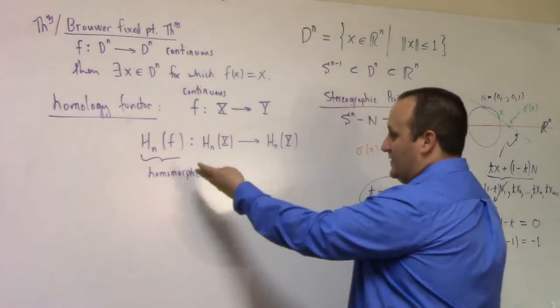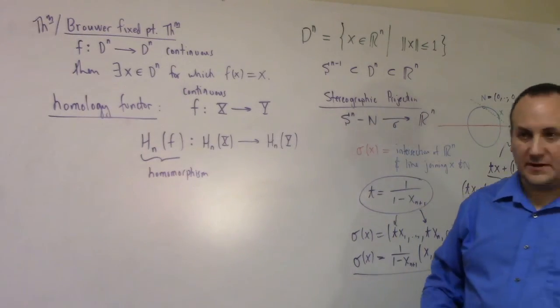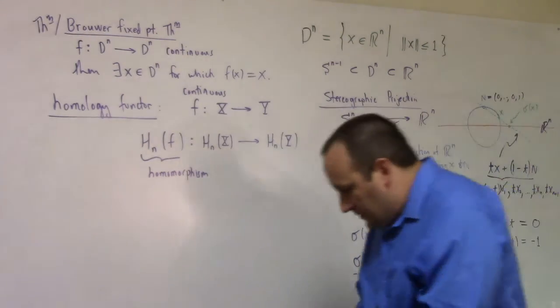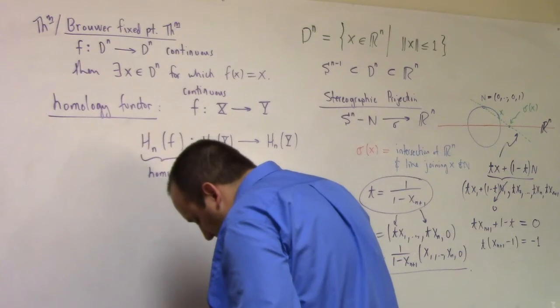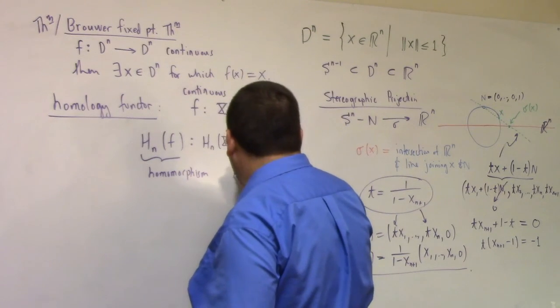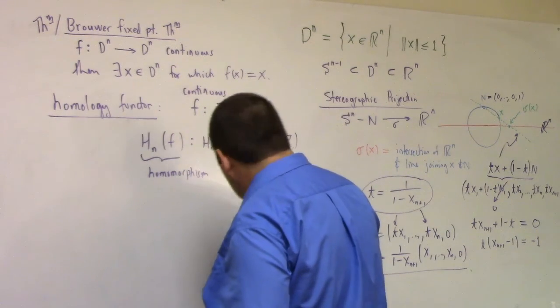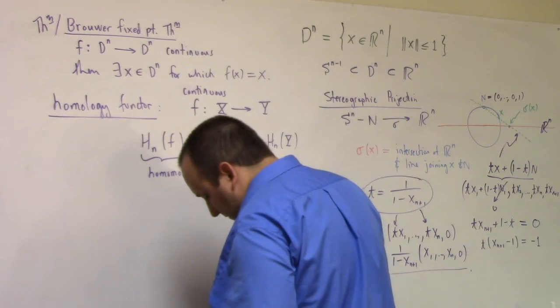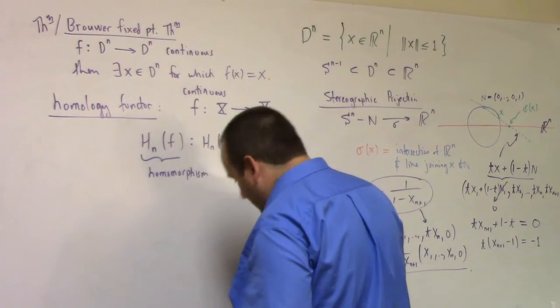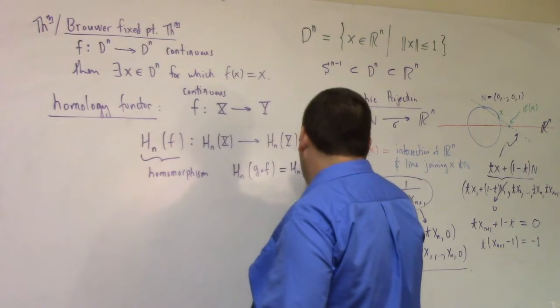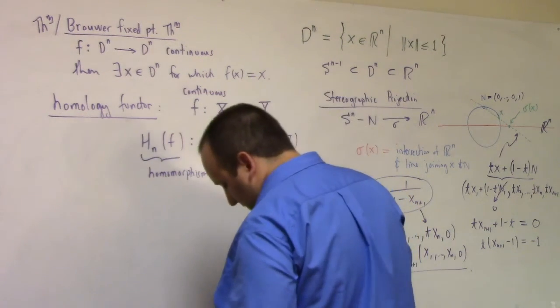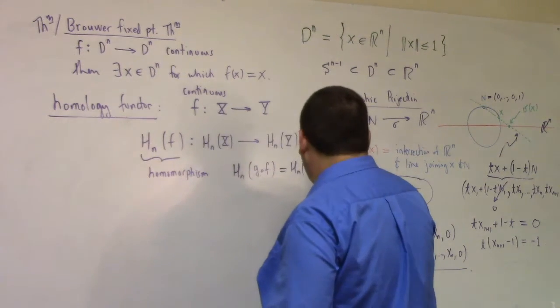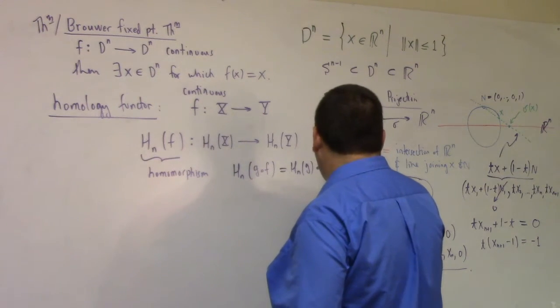It's a continuous map and it induces a homomorphism. And also, it has the following categorical property: the homology functor of g composed with f is the composition. And so I guess Nathan, you can probably tell me what kind of functor this is.